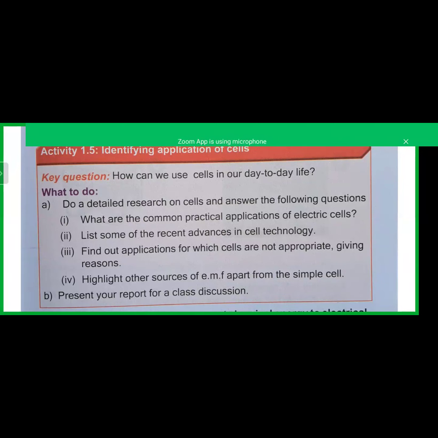Yes, inbuilt batteries, because by the time these primary cells were introduced, we didn't have these computers, but now we can have inbuilt batteries inside computers. Someone is saying solar cells. Yes, now we have solar cells, the cells that are used to generate electricity using solar panels. That is very true.